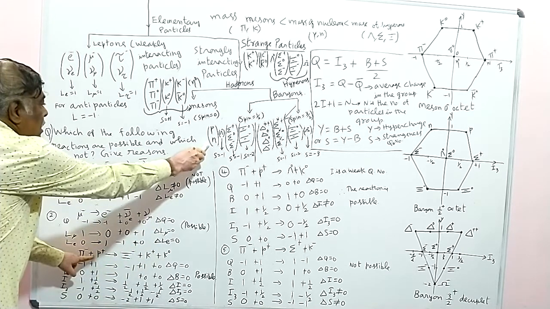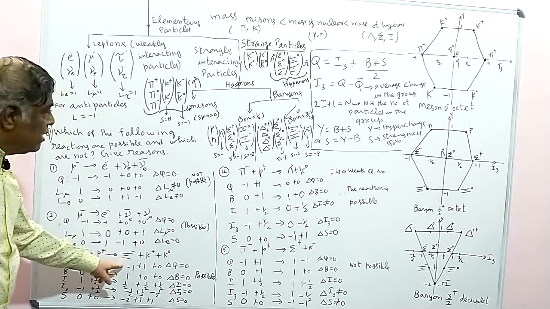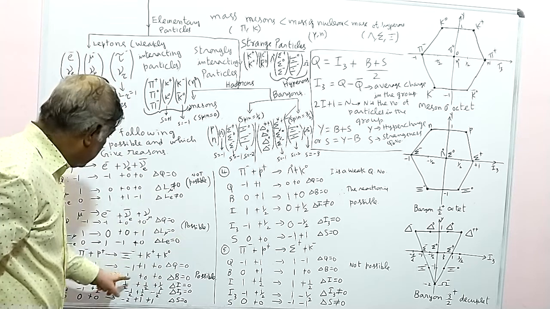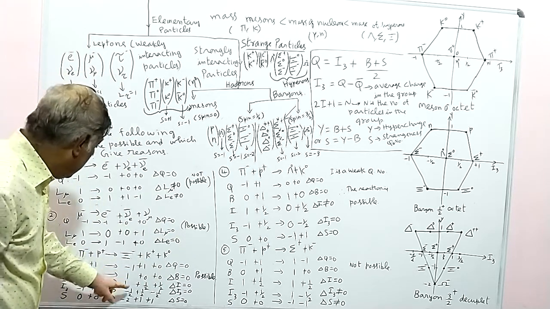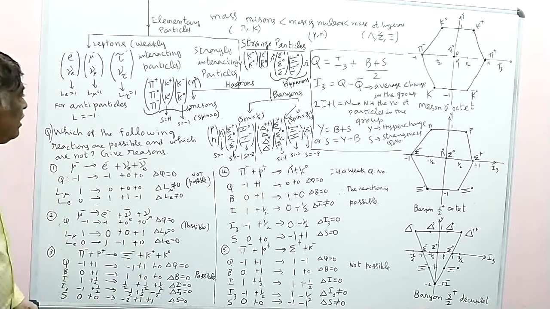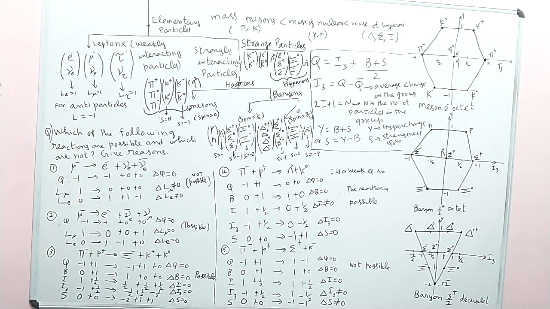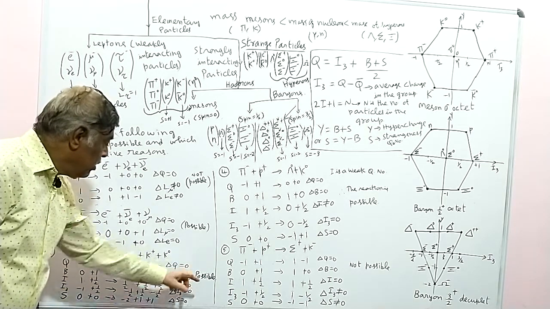P is a baryon, therefore the baryon number is 1, and xi minus is a baryon, so its baryon number is 1. K plus and K0 are mesons, so the baryon number is 0 and 0. So the total baryon number before and after the reaction are the same. So delta B is 0.